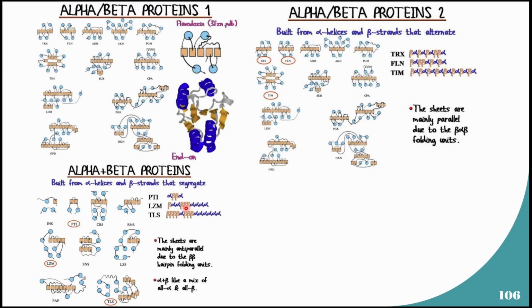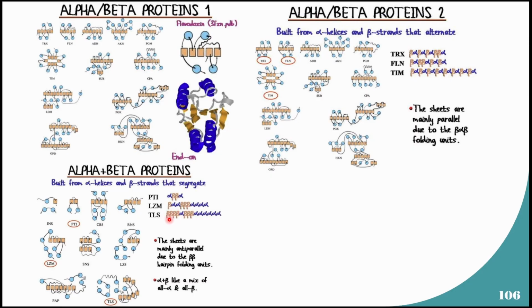Whereas in the alpha plus beta, you will see segregation. So what segregation means is you have alternating patterns still available, but instead of single unit versus single unit alternating for alpha and beta, mostly you will find that a bunch of beta strands are clumping together forming beta sheets, and then a bunch of alpha helices are also present together, and these units as a whole are forming alternate patterns.